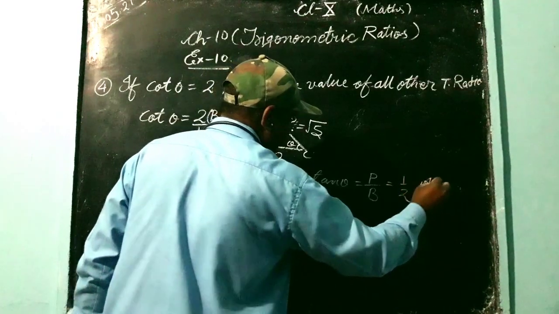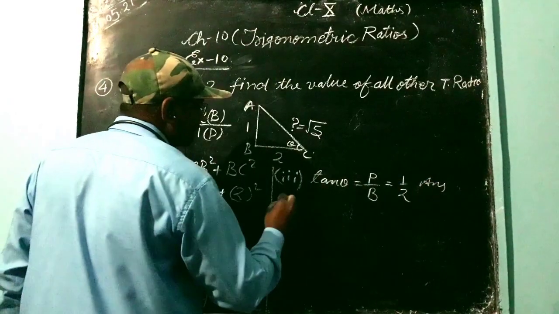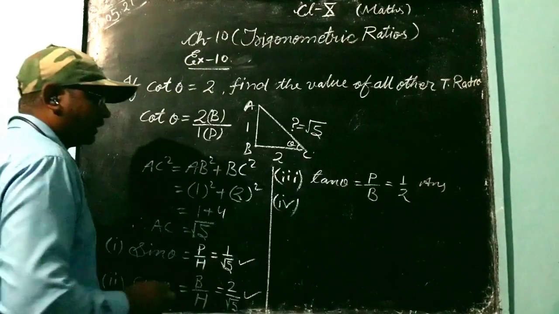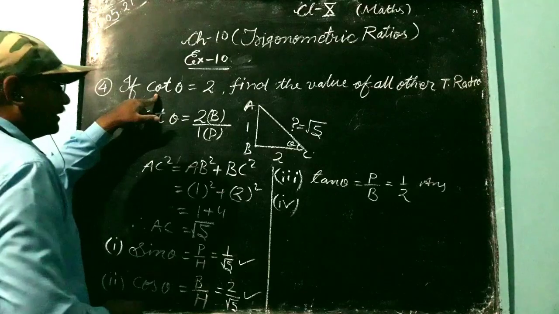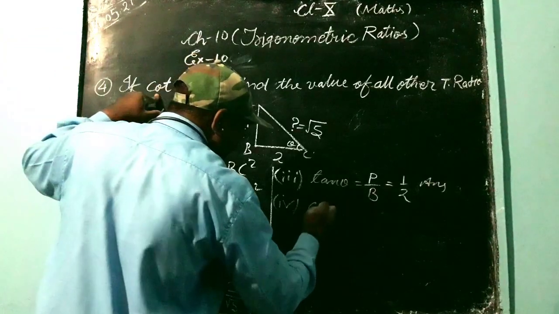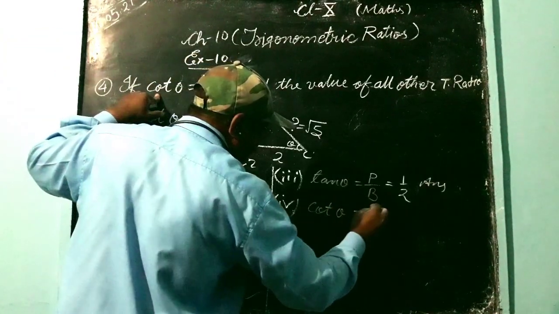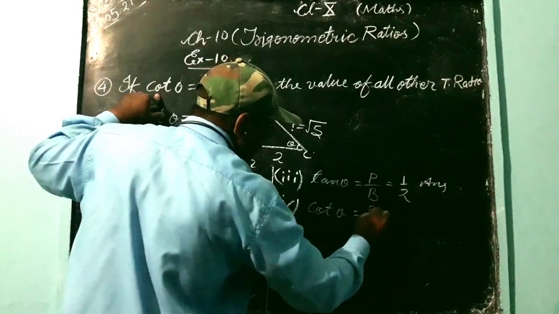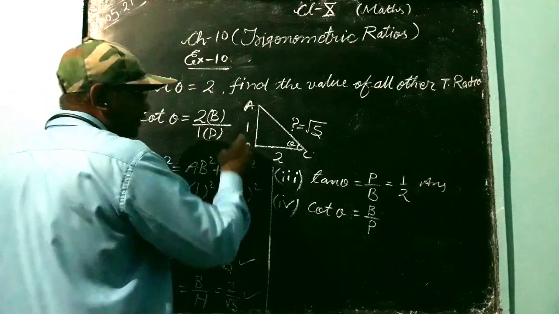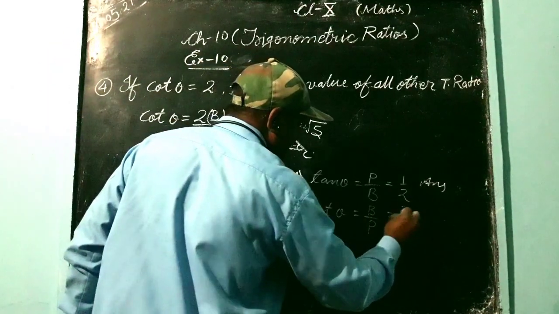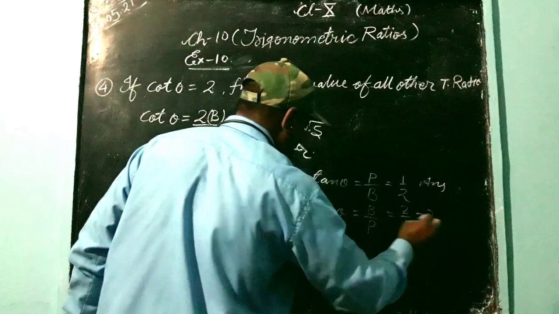Now the fourth part: cot is already given, but let us find it too. Cot theta is equal to B upon P, which means 2 upon 1 is equal to 2.